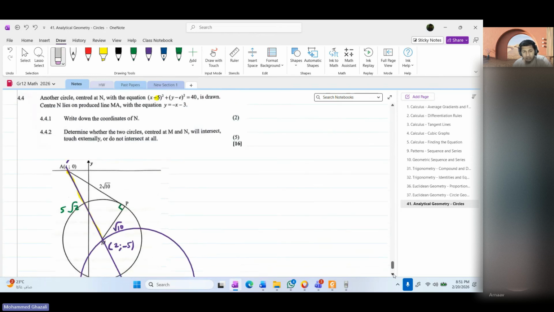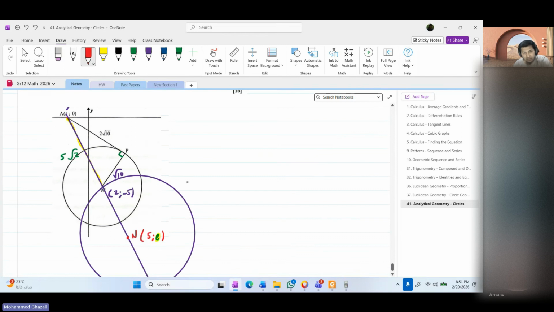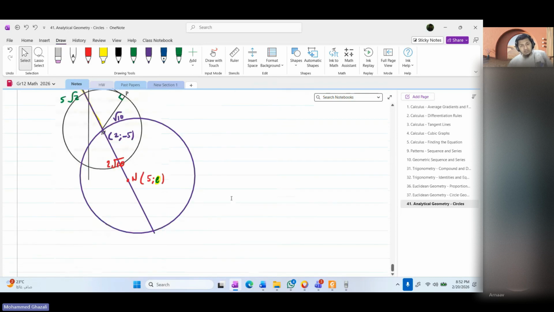If r squared is 40, then if you square root both sides, we get r is equal to 2 root 10. So the radius from M to N is 2 root 10. Okay, that's the information I have so far. That's great.